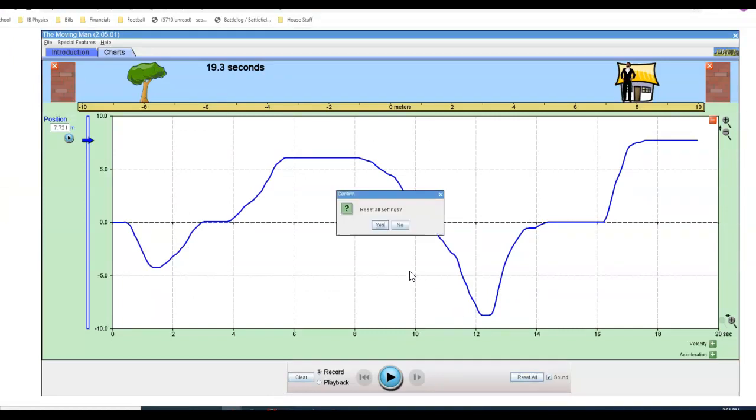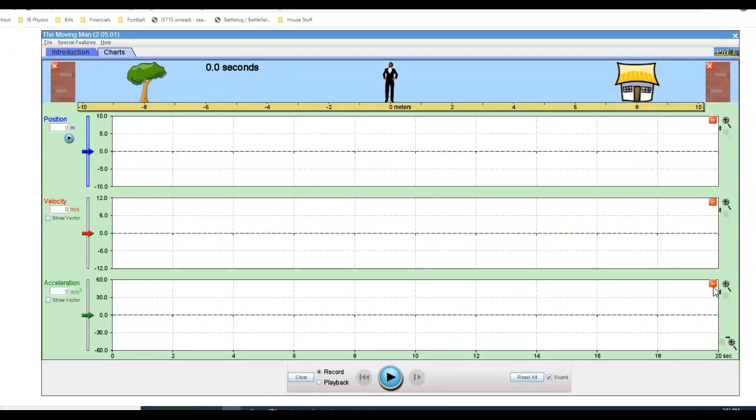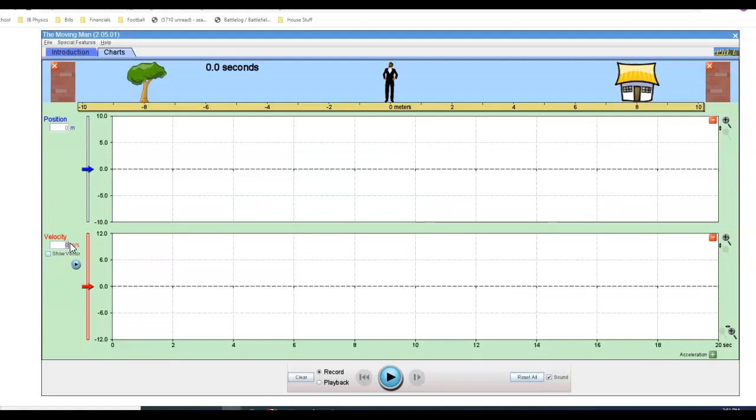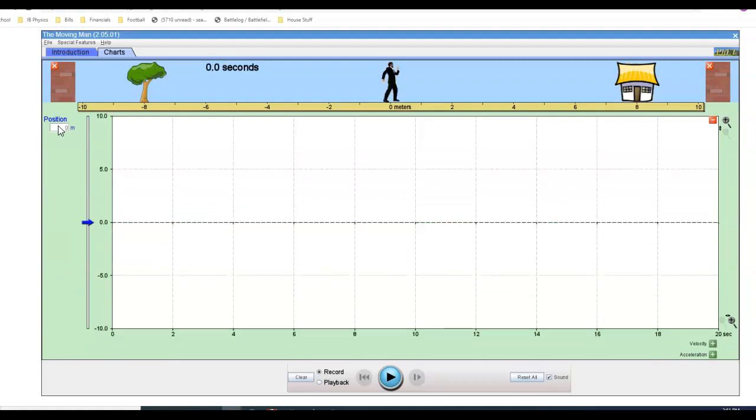So for example, let me reset this moving man. Okay, so let's say I give my moving man a velocity of 1 meter per second, and I give him an initial position of, let's say, 2 meters. Okay, so that means when I hit play, he's going to start moving, and he's already at the 2 meter mark. Okay, because I gave him a velocity of positive 1 meter per second, he's going to move with a velocity of 1 meter per second in the positive direction to the right.